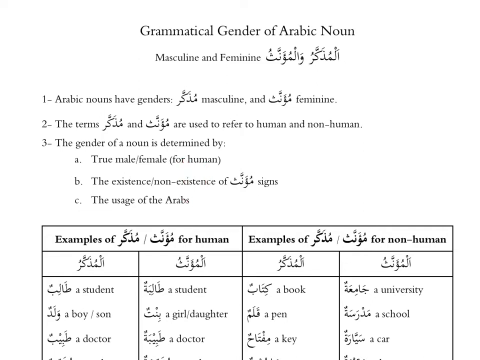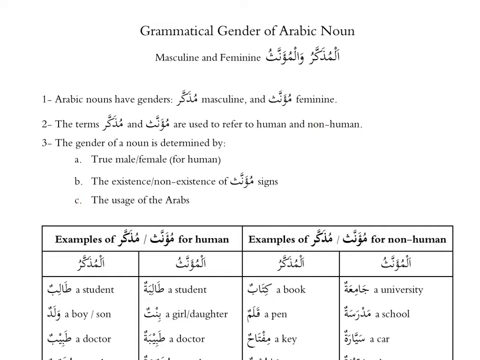So if it is a human, then of course you will say muzakkar or mu'annath depending on his or her gender.